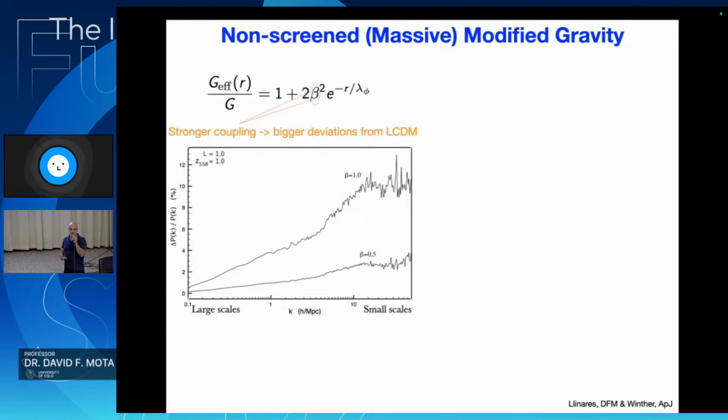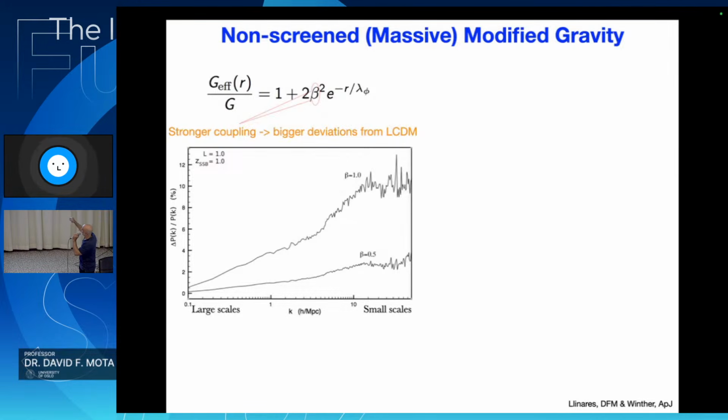Okay, so also it's basically a symmetron model, so it drives the universe acceleration as well. So when the coupling is about half of the gravity strength, you see that I have deviations in the clustering of galaxies, especially here at small scales, which is about 2%, 3% from lambda CDM.